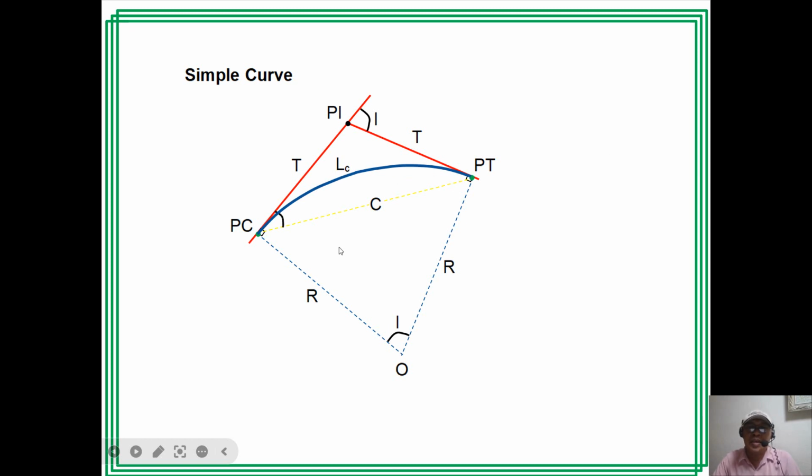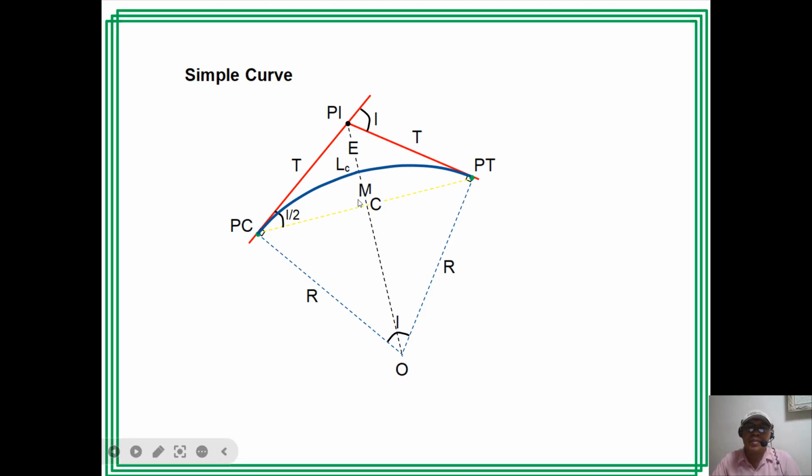Then we have here by property, if this is I over 2, property of circle, that is the angle between the chord and the tangent at the point of intersection. So that is I over 2. Then we have here the external distance from the PI to the center of the curve.